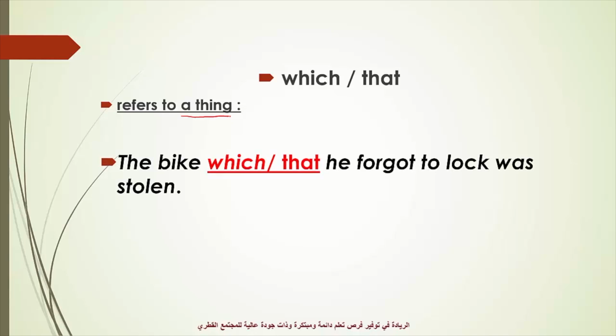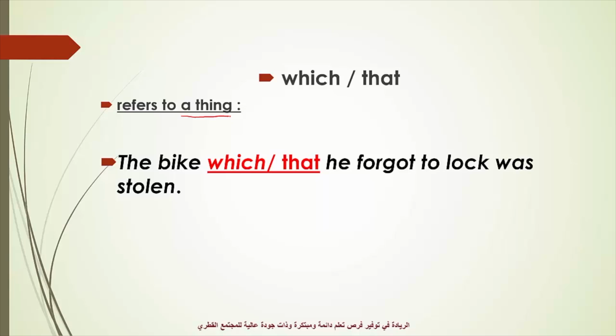If you look at the second one, which or that. We use which or that when the subject is not a person or people. So, which or that refers to a thing. For example, the bike which or that he forgot to lock was stolen.